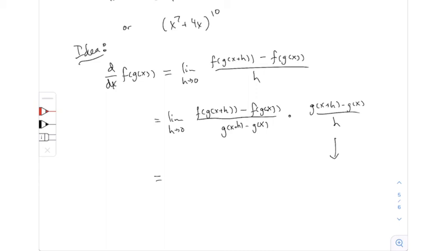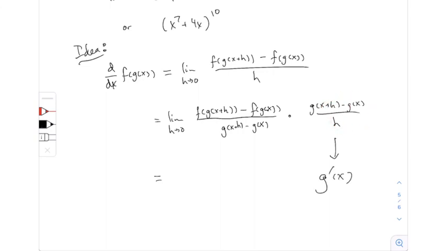Okay. What happens? I have to take the limit of this whole thing as h goes to 0. This is a kind of complicated thing, although this looks familiar to me. Yeah? It is the derivative of g, right? That's the definition of what the derivative of g of x would be. So this part becomes g prime of x.